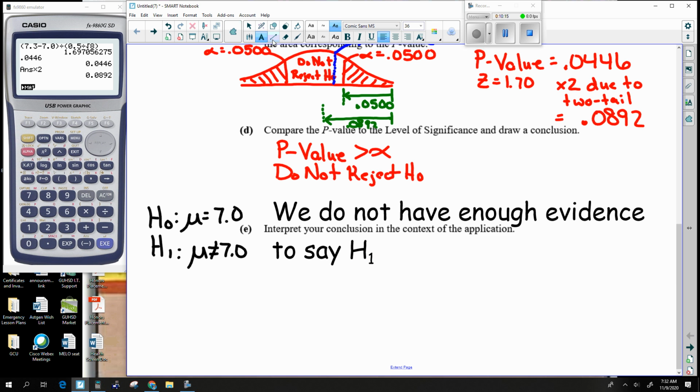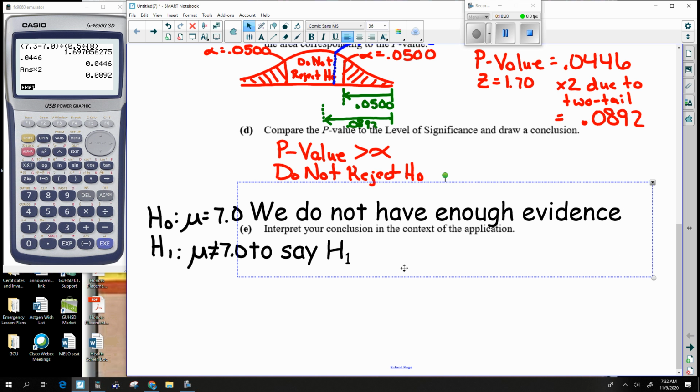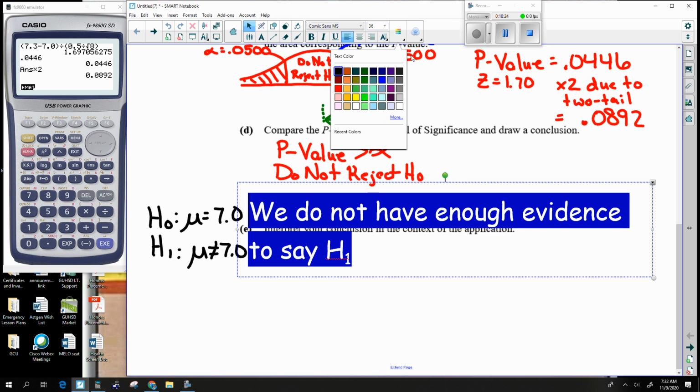So this is what we say. We do not have enough evidence to say H1. This is what we're going to say. Let me write this in green so we don't get it confused with other stuff.